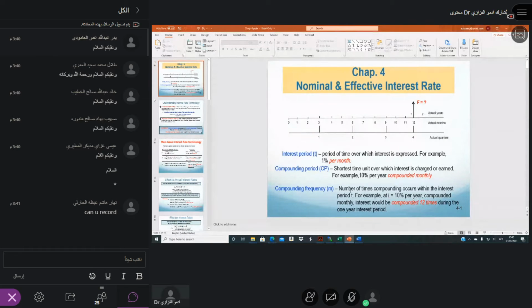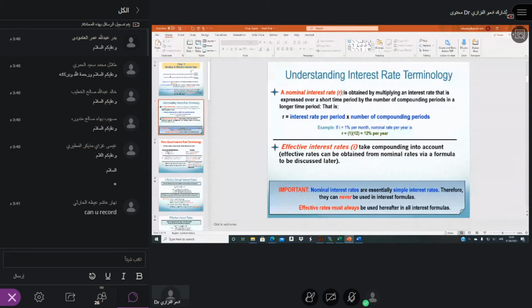Now the frequency M is 12 times. They are compounding, collecting their interest 12 times in a year, because there are 12 months in a year. That is the frequency in which they are compounding their interest.